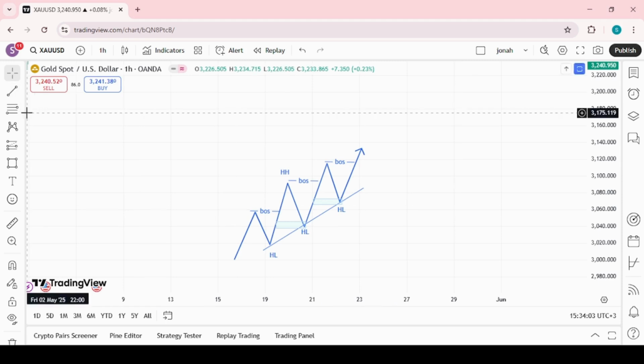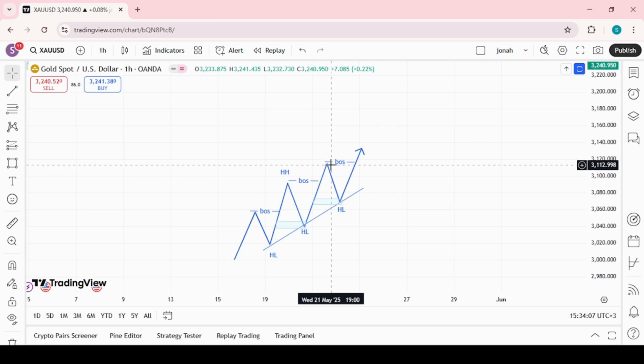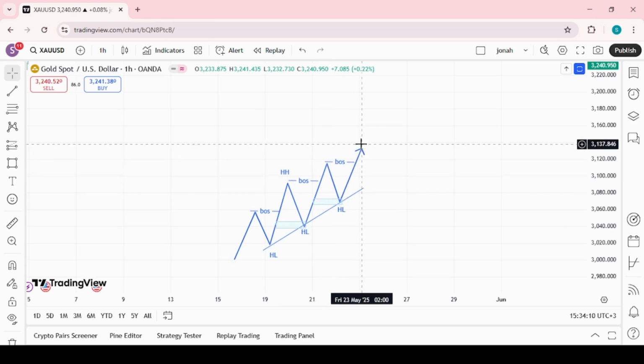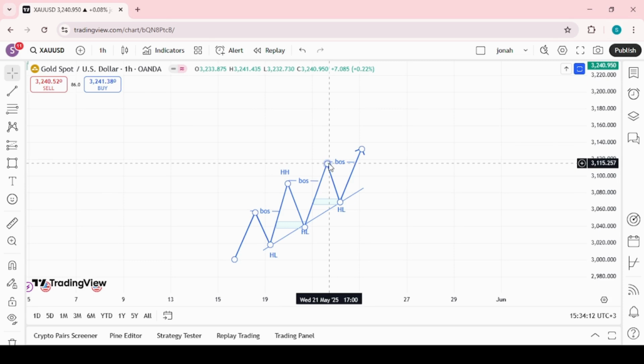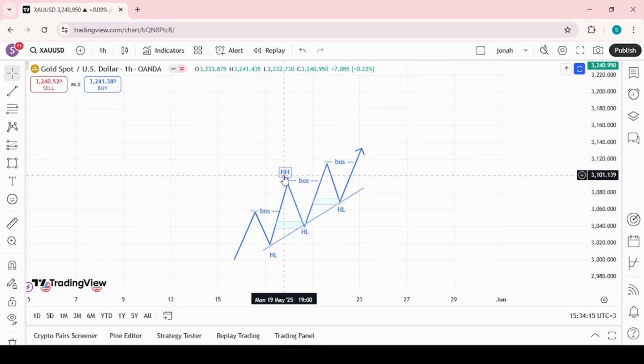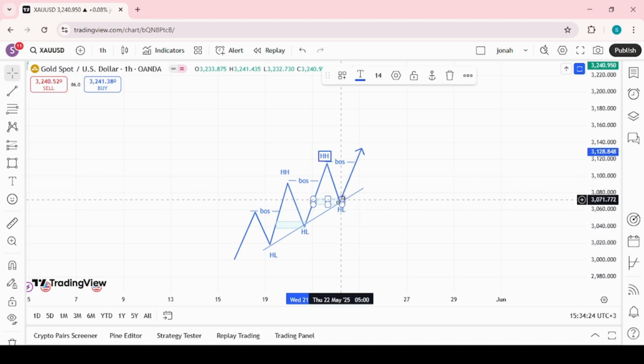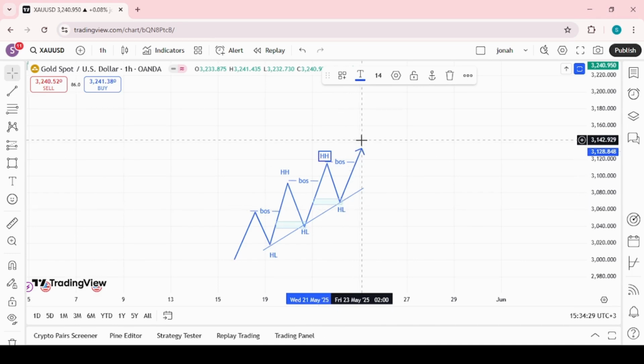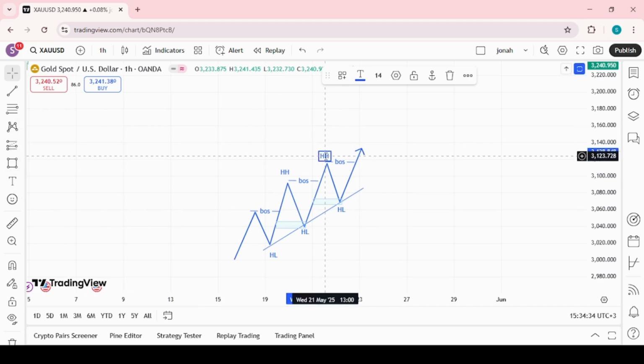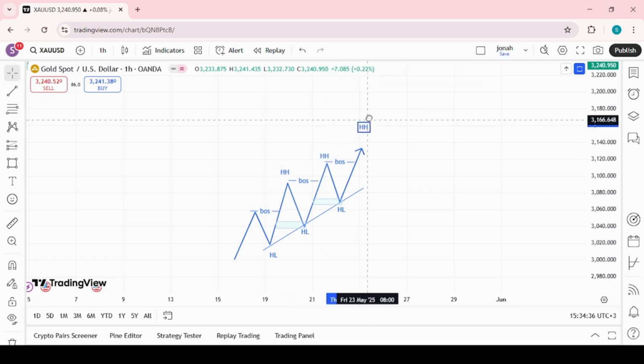Let me show an example. So if price broke above this previous swing high, you see here, we shall make sure that we examine this area from this swing low to the next swing high.